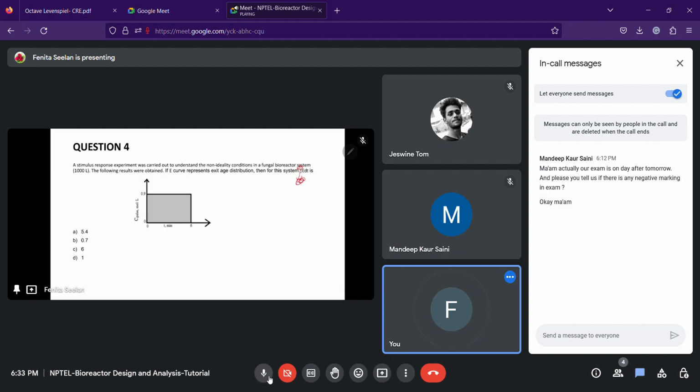Please look into the question and give me the answer. What curve is this?